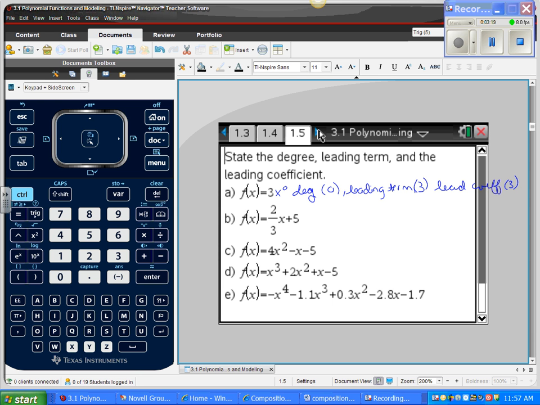B is a little bit different. We're going to go in the order of degree, leading term, leading coefficient. So the degree, the exponent to your variable, which is 1. Your leading term, which is your first term here, 2/3 x. And your leading coefficient, which is whatever sits in front of the variable, is 2/3.